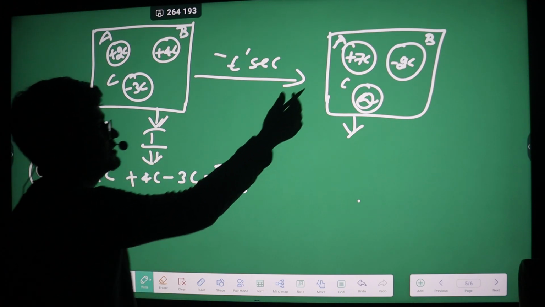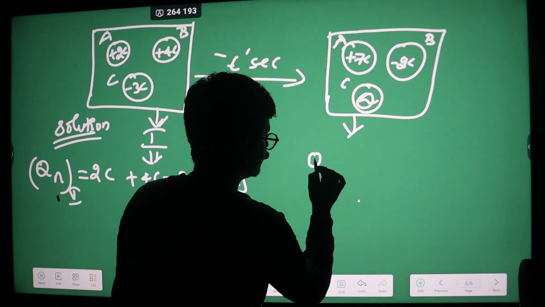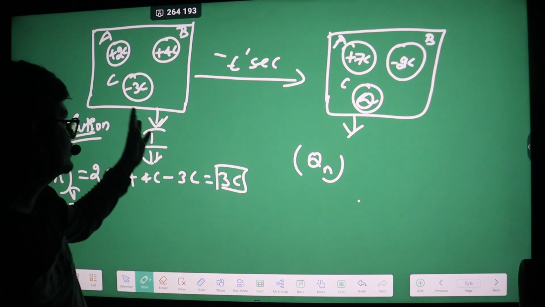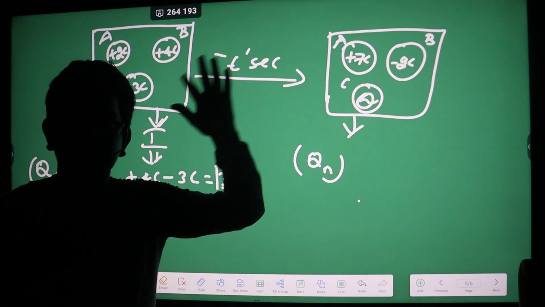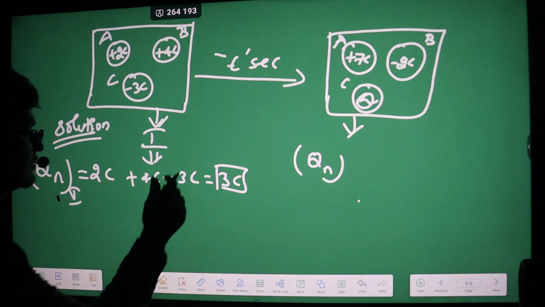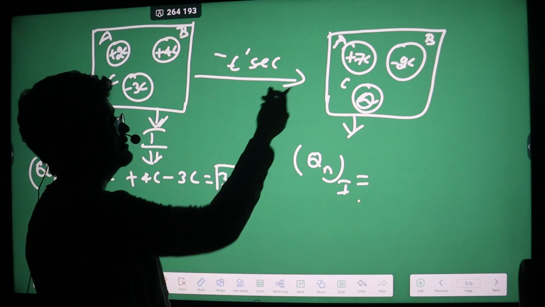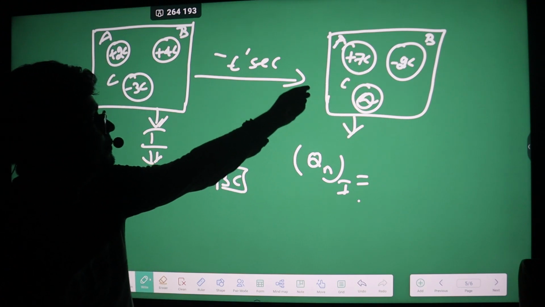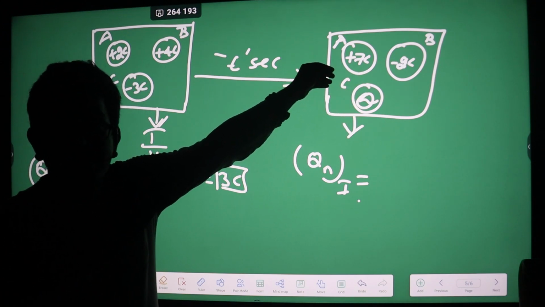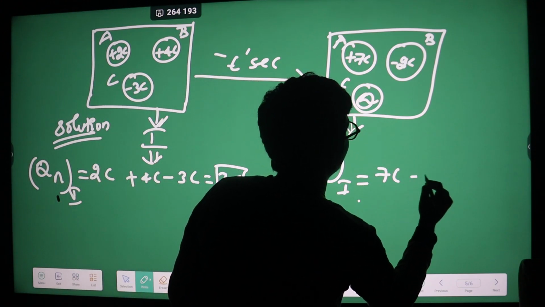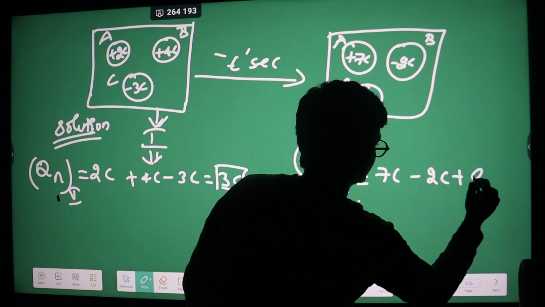Here, the net charge of isolated system 2. It is the isolated system 1 only, after a time interval of t seconds, but now the charges have changed. You can see body A now has 7 coulomb of charge. So 7 coulomb minus 2 coulomb plus Q coulomb.